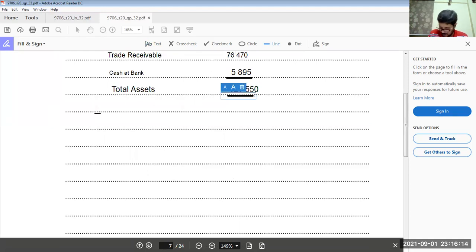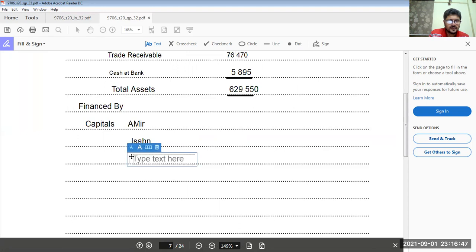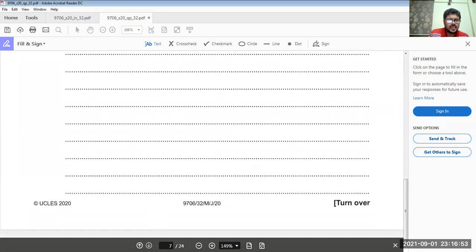Now come to the next part, that is finance by capitals. Capitals means Ahmed and Ishan, and all the capitals will be taken from the working.